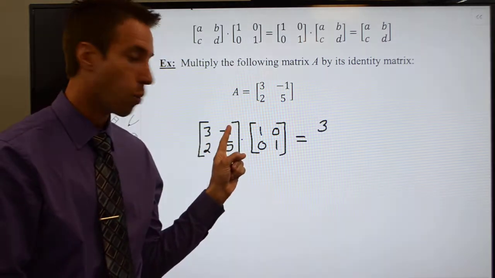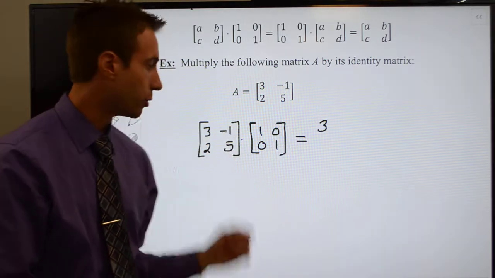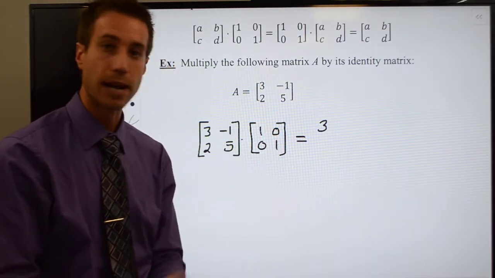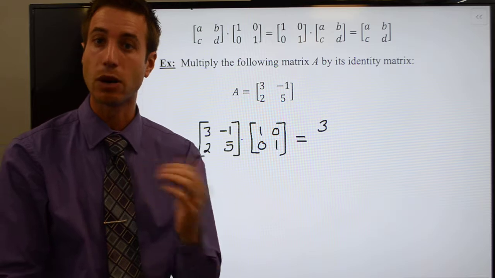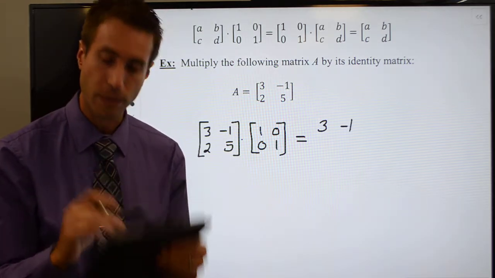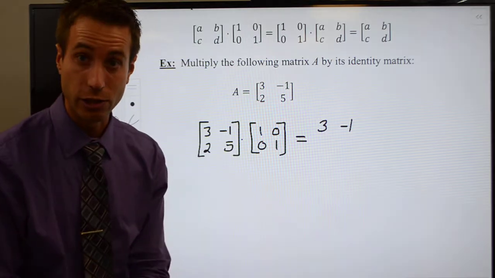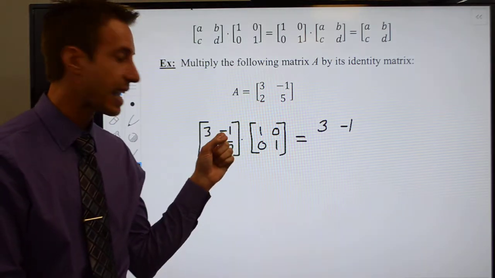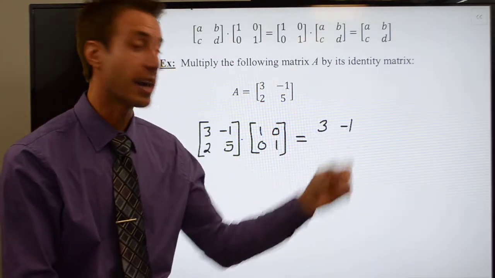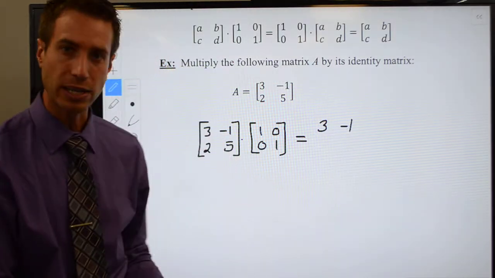Take row 1, now column 2. 3 times 0 is 0. -1 times 1 is -1, and 0 plus -1 is -1. So far we're off to a really good start. I got a 3 and a -1 in my original matrix, and right now my product matrix has a 3 and a -1. Let's keep going to make sure the rest of it works out.